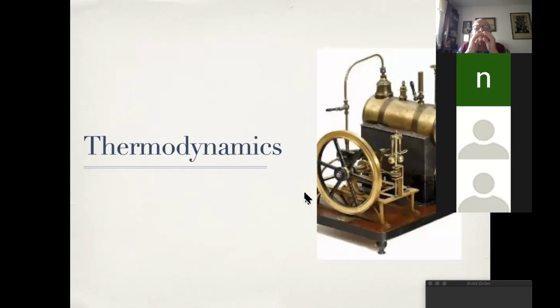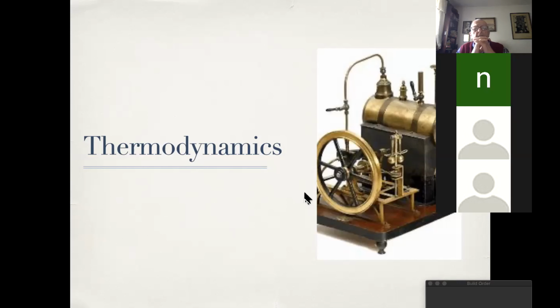It is in fact true that the science of heat and thermodynamics, how heat energy is converted into work and the other way around, and what the consequences are, originated when people built the steam engines.